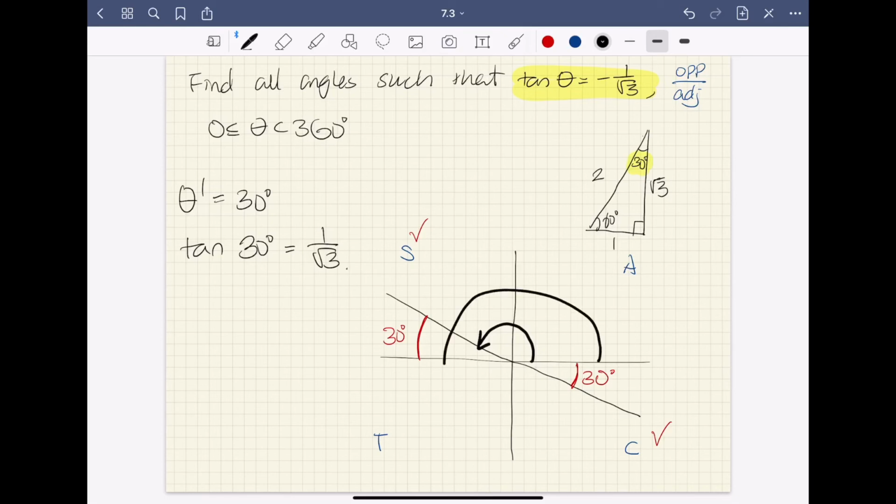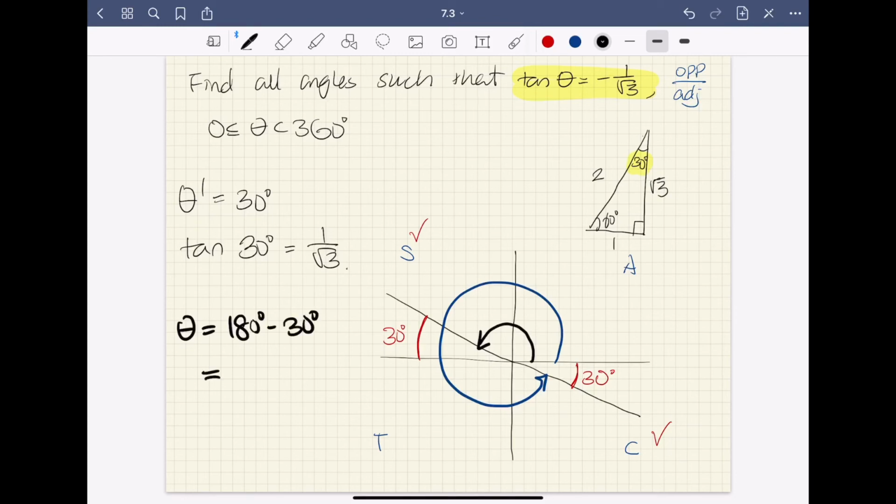and this one. Okay. Let me use a different color maybe. So the smaller angle is equal to 180 degrees minus 30 degrees, which is 150 degrees.